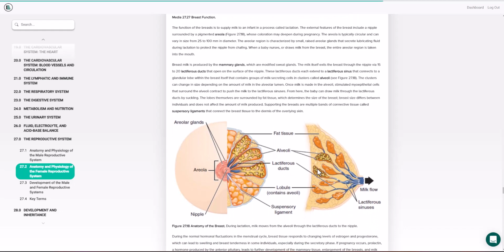basically, in a non-pregnant breast there is no milk production, and during pregnancy hormones increase that begin to produce the milk.